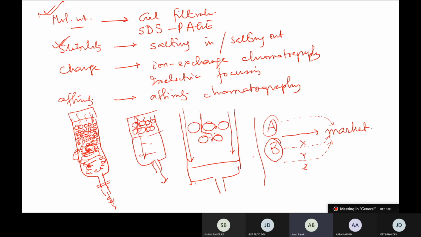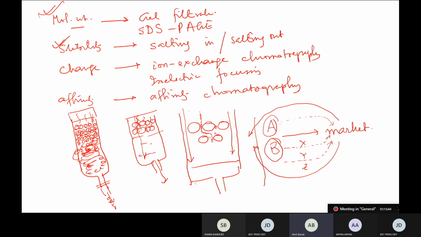What about B? On the way to the market, usually we meet friends, spend 5 minutes with X, 5 minutes with Y, 5 minutes with Z, and then start buying whatever he wanted to buy, and then come back home. So obviously, A will come back much faster than B, because A is not interacting with anybody, or maybe one or two.